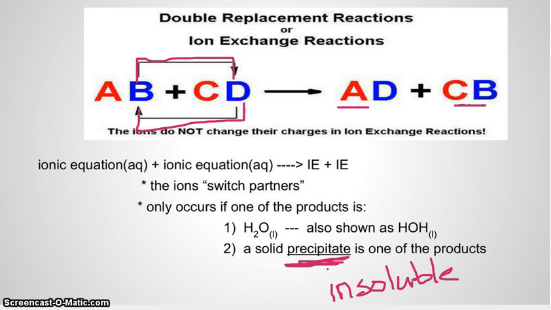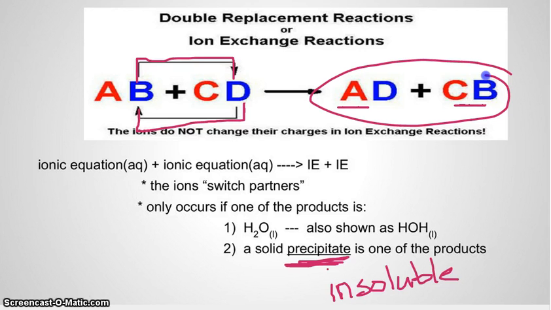And typically, they also change color when they are produced. That means if we were looking at our reaction up here, something up here needs to be either a solid or H2O liquid. So this is where things get a little tricky, because we now have to figure out how we know if something is a precipitate or solid in solution.